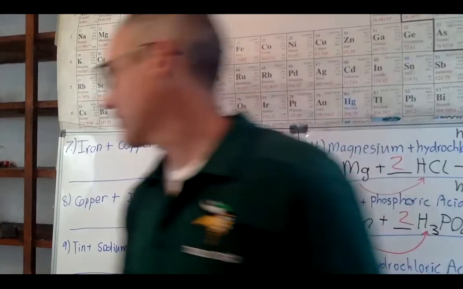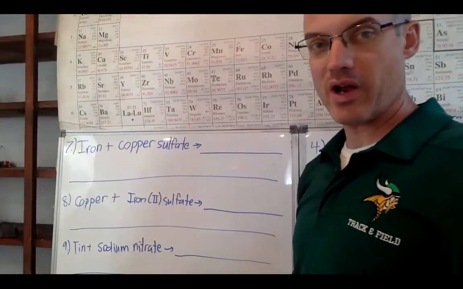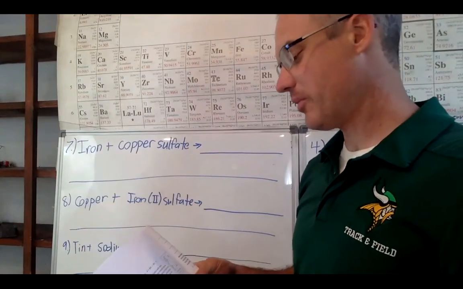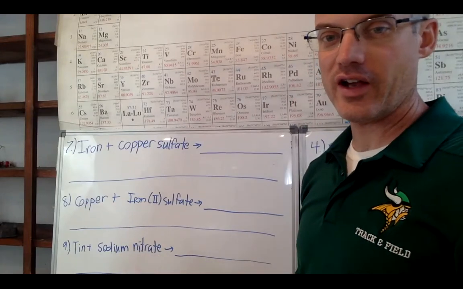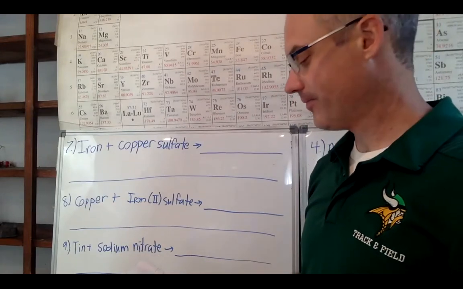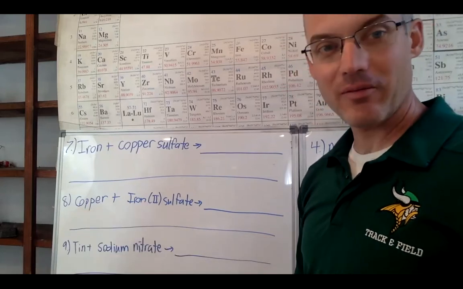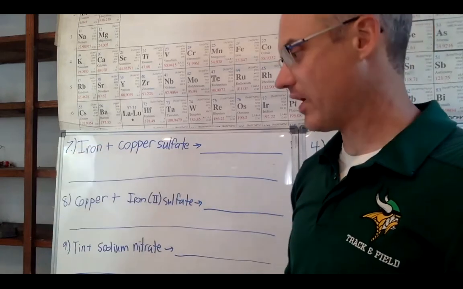So this is a comparison between metals, okay? So is iron more reactive than copper? On our chart, yes, iron is higher on the list than copper is, okay? Is copper more reactive than iron? Well, it can't be, right? Because we just said that in this case, it was more reactive.